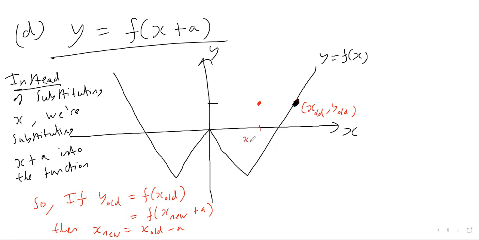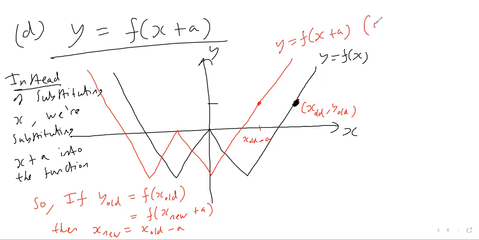This is going to be x old, take away a. So basically, we're just shifting the graph to the left. It's going to look something like this roughly, where we've shifted the graph to the left by a units. So this would be y equals f of x plus a, for a being a positive number.